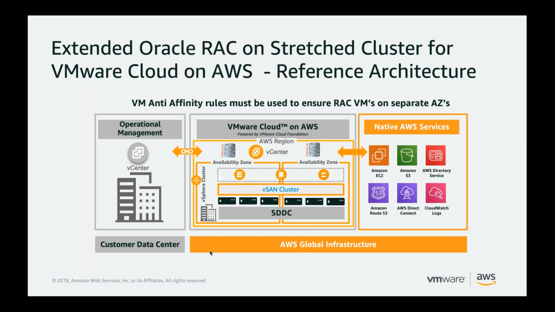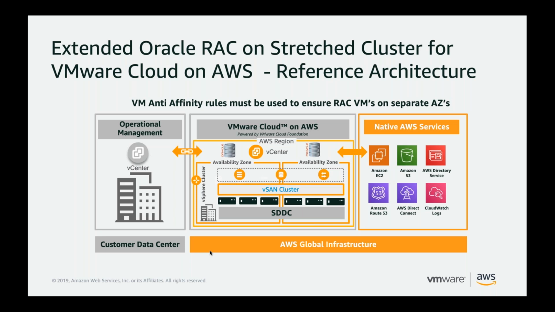In the case of an extended Oracle RAC across multiple sites or multiple AZs, best practice is to spread the Oracle RAC virtual machines across multiple sites to ensure high availability across the sites, in addition to the infrastructure-level availability that vSphere provides natively out of the box, and the application-level HA that Oracle RAC provides. This ensures that all Oracle RAC virtual machines do not land on the same site at the same time.